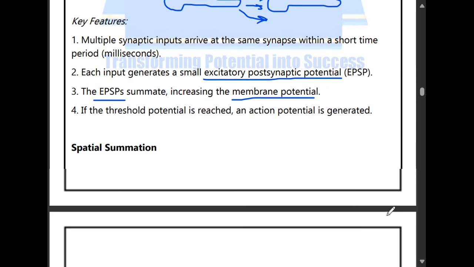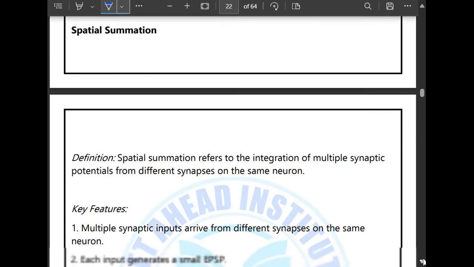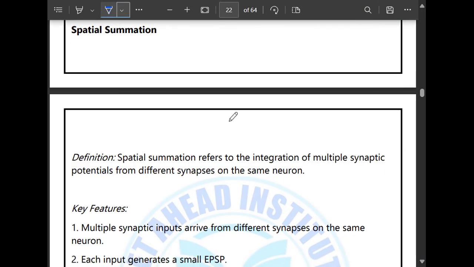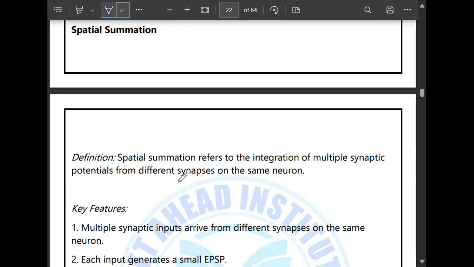All right. Now, spatial summation also has to do with integration of multiple synaptic potentials. This one is from different synapses on the same what? Same neuron.